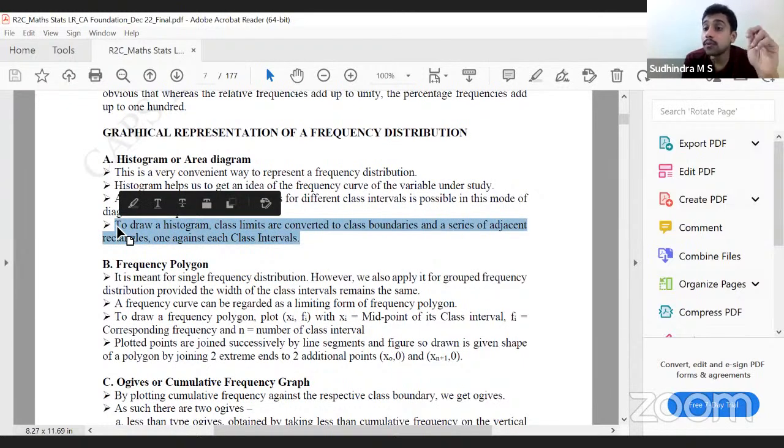Then, by drawing histogram, there is one measure of central tendency that I get. Mode. By intersecting the topmost extreme points of the tallest rectangular bar, we get the value of mode, the intersecting point. So that gives us mode.